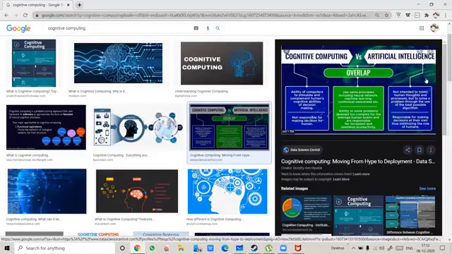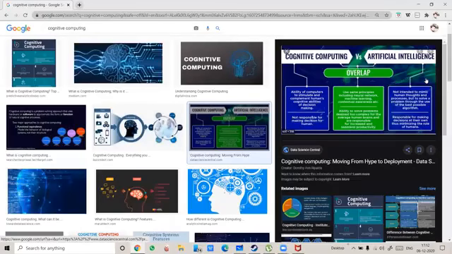Now in cognitive computing, what is there, students? It has the ability of computers to simulate and complement humans' cognitive abilities of making decisions. That means it has decision-making ability. Whereas artificial intelligence is not intended to mimic human thoughts and processes, but to solve a problem through the use of the best possible algorithm.